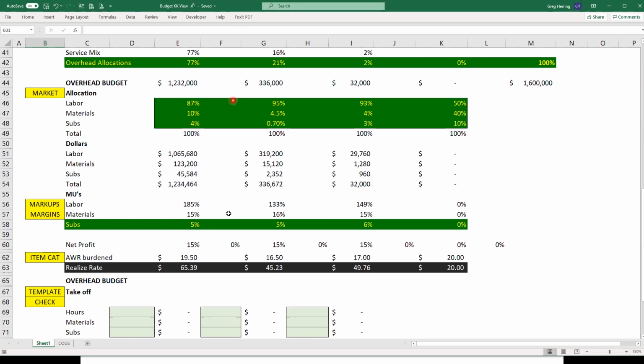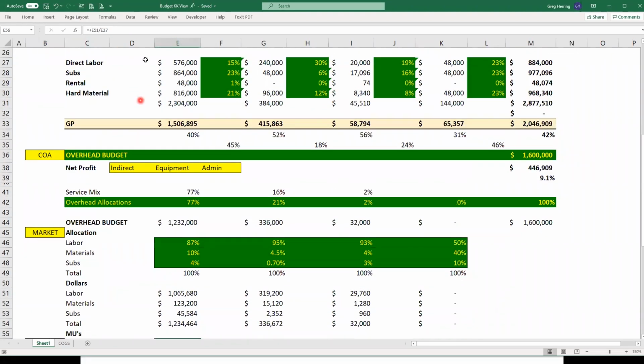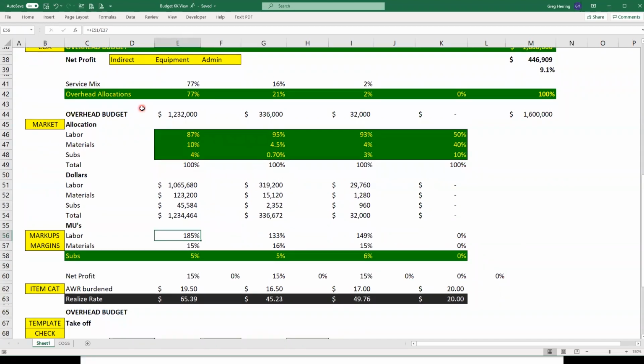What I'm doing here is trying to generate a standard set of markups. So if Greg puts his cursor over 185, the math is pretty simple there: 1065 divided by the labor budget. Greg, if you scroll up, the labor budget in this division was 576, says that's what I have to mark up. And this would be an Aspire markup. A standard cost markup says labor gets marked up by 185%.